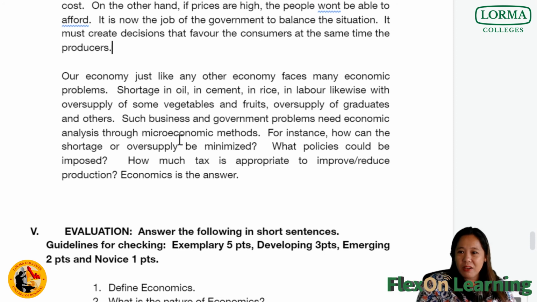Okay, so such business and government problems need economic analysis through microeconomic methods. For instance, how can the shortage or oversupply be minimized? Okay. So there are instances wherein we have shortages in the market. I'm going to tell you, for example, ginger. Ginger in our market is already turning 200 pesos per kilo.